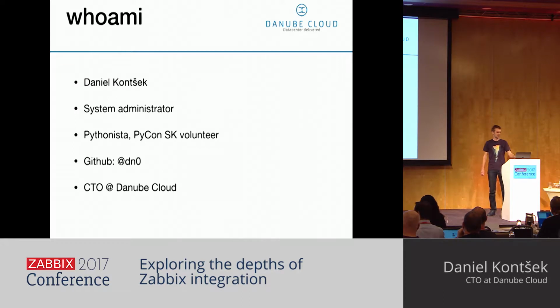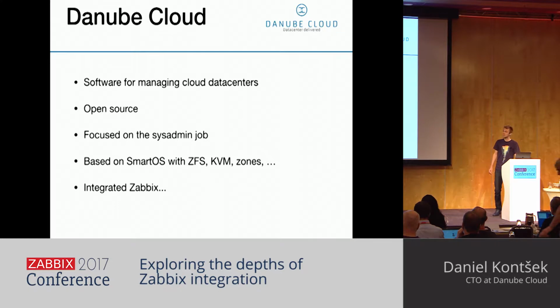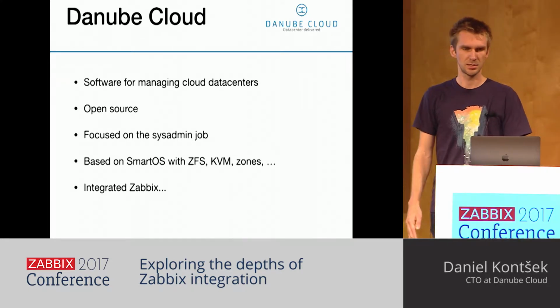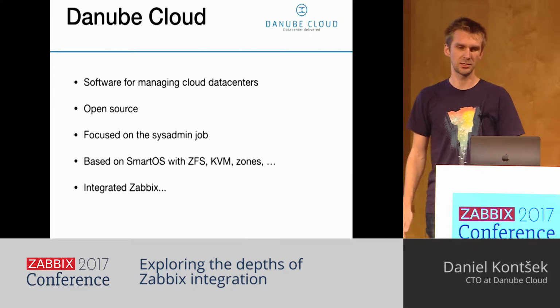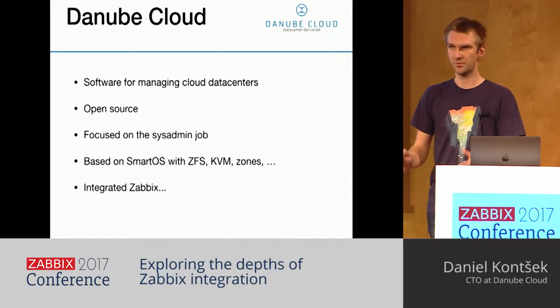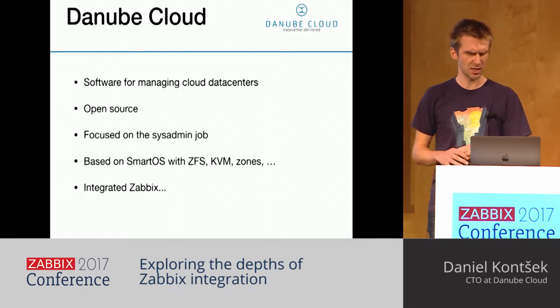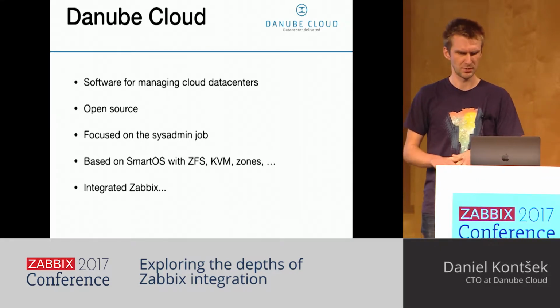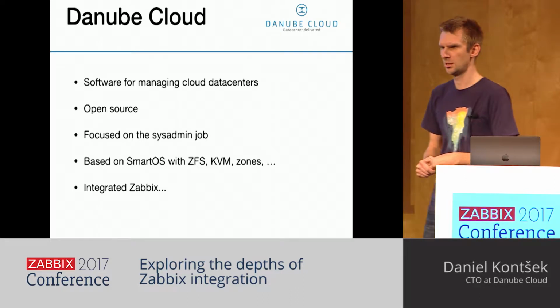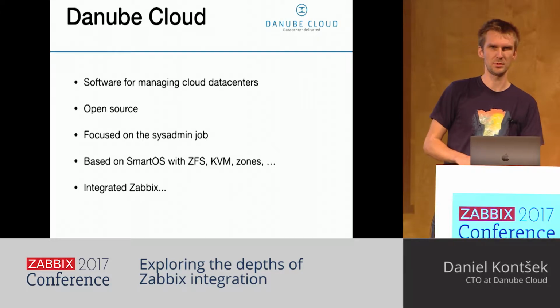And I'm working as CTO at Danube Cloud. Now, in order to explain our work regarding the Zabbix API and the integration of Zabbix, I have to first tell you something about Danube Cloud. Danube Cloud is software for creating and managing cloud data centers, and it's basically based on virtualization.